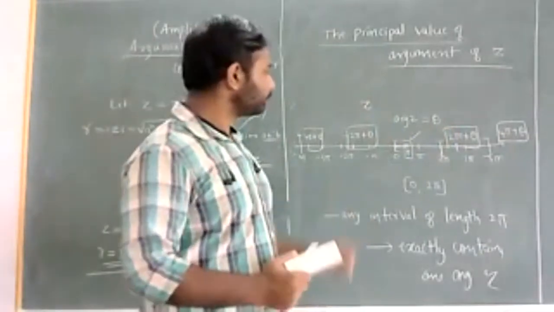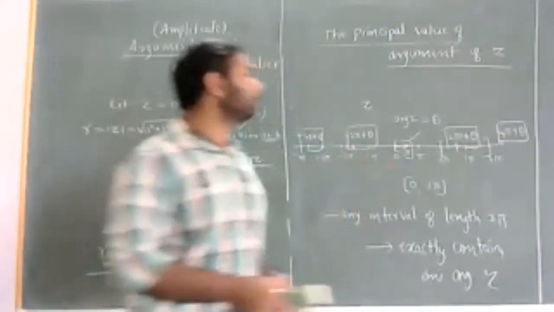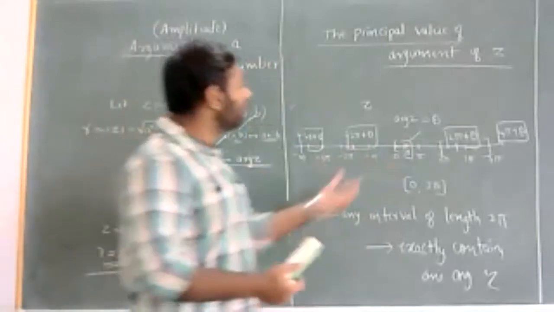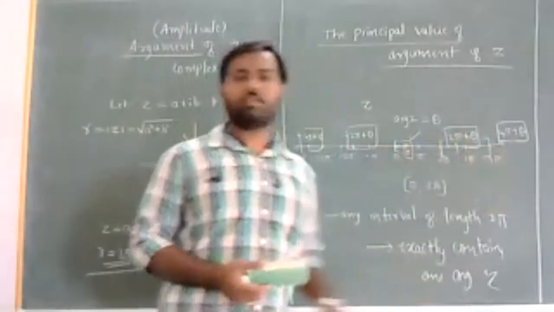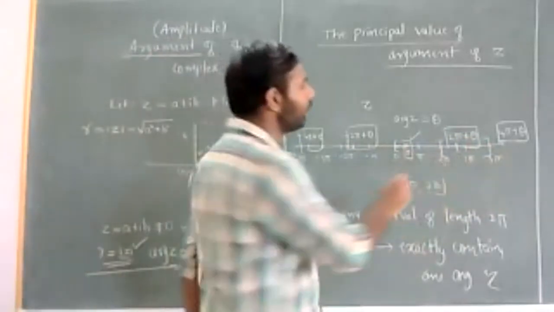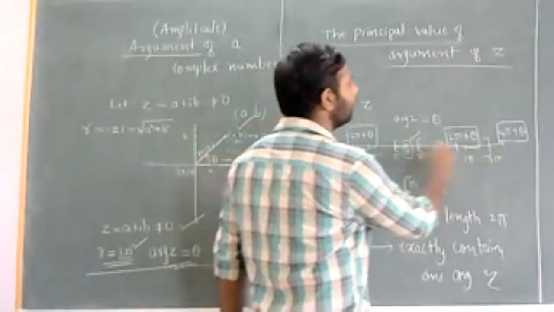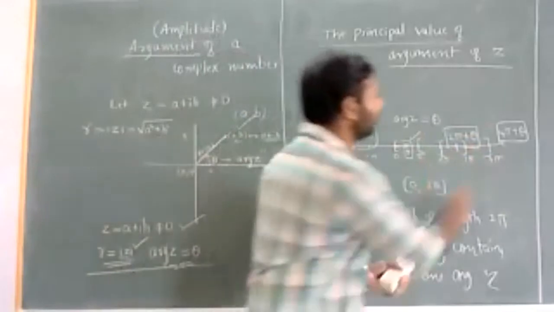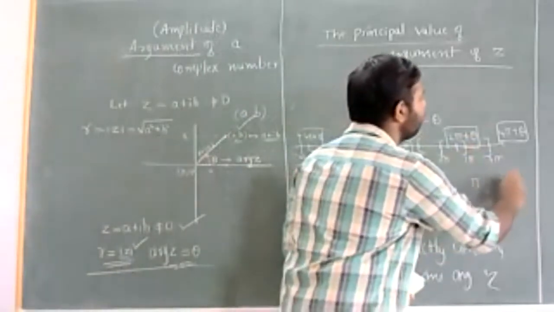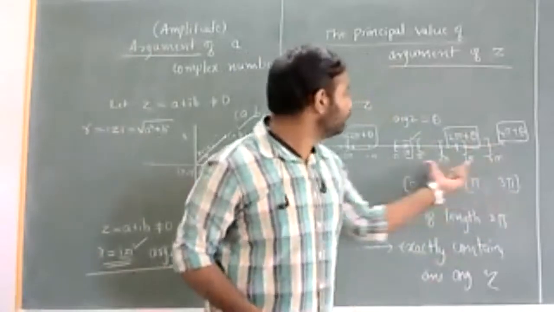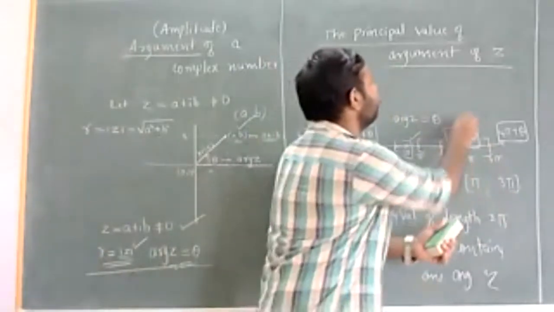And now the point is which interval we can choose. Once again, you can choose any interval of length 2 pi. 0 to 2 pi is there, so I don't need that one. If I consider the interval pi to 3 pi, this is also an interval of length 2 pi which contains only one argument.